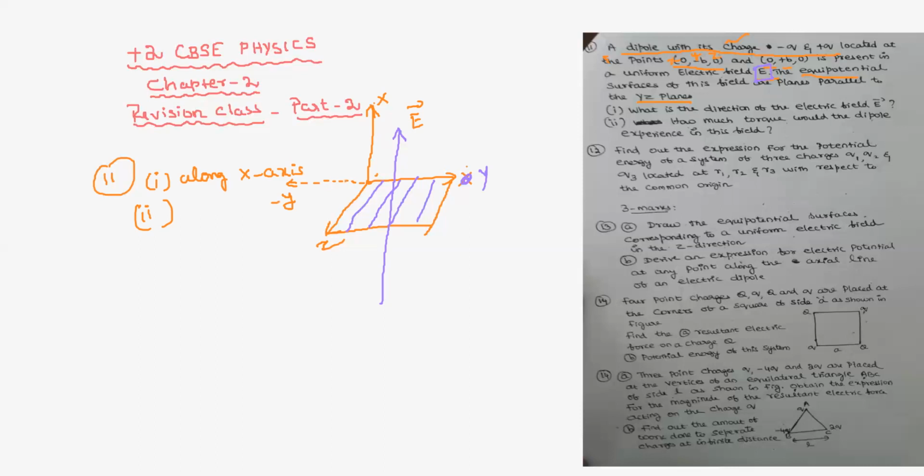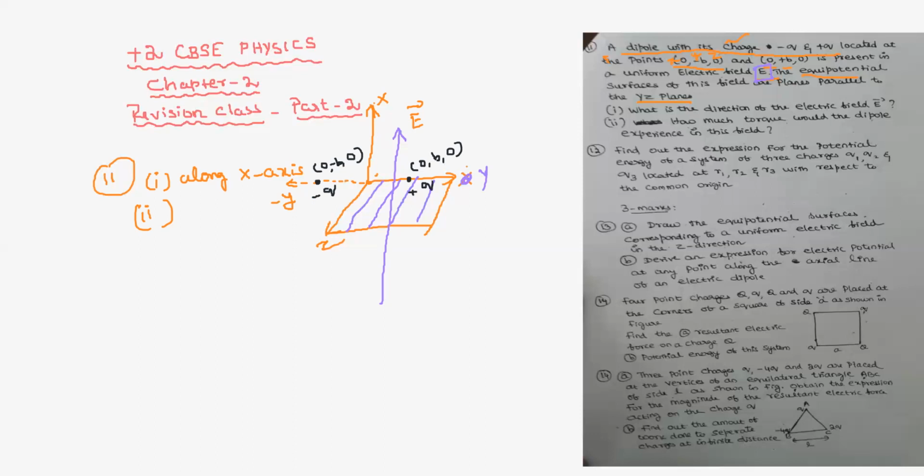And then the location of the charge is somewhere here. This point is 0 minus b 0. This is the location of charge minus q. And then we have one more charge at this point, 0 b 0, and our plus q charge is here.